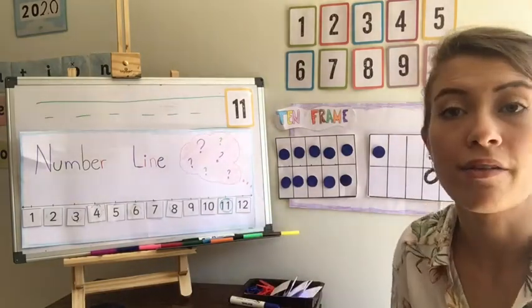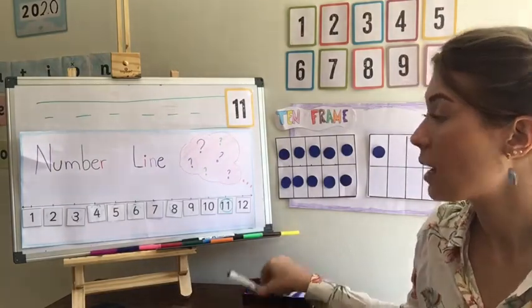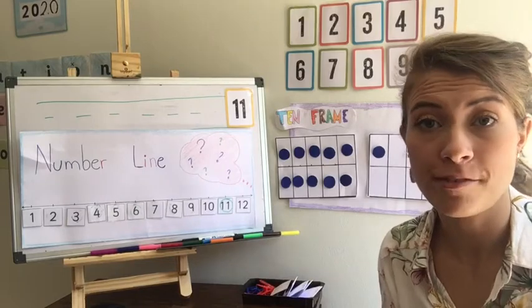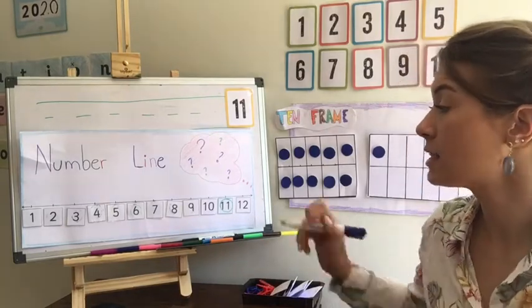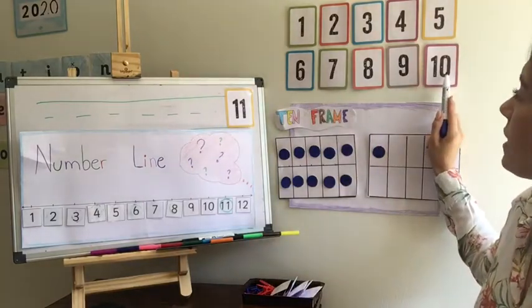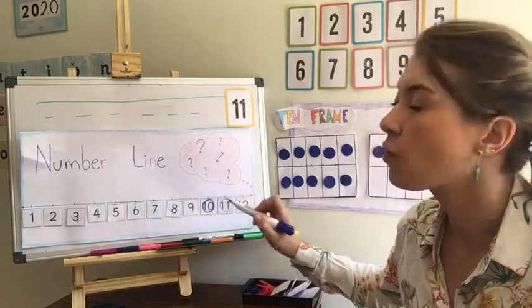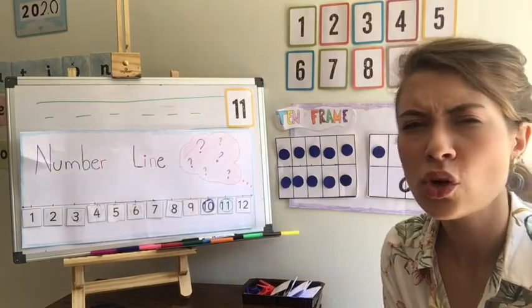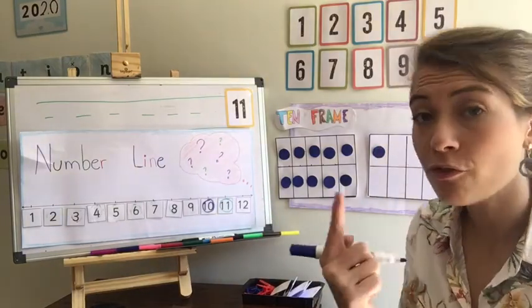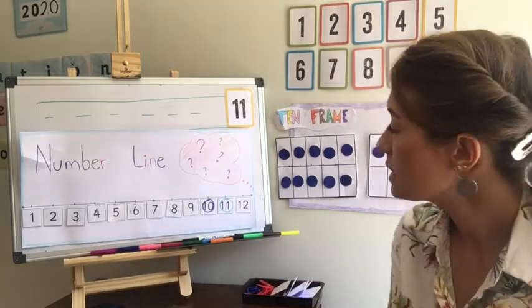That's the number 11. What is the number that comes before number 11? The number 10. Let's have a look here. 10 and 11. That's the number coming before number 11. And do you know what is the number coming after the number 11 if we go up? The number 12.